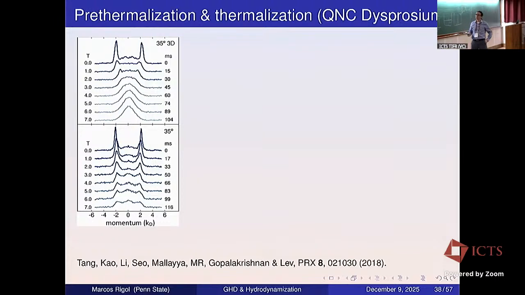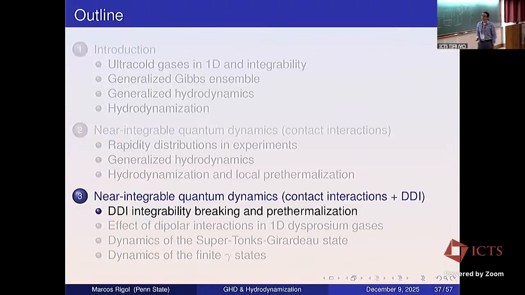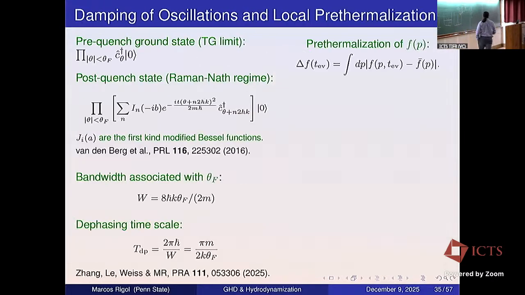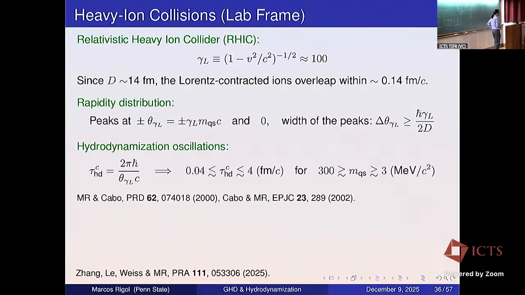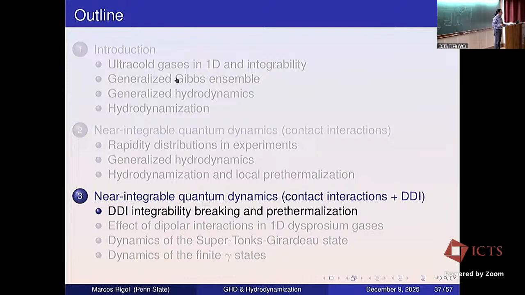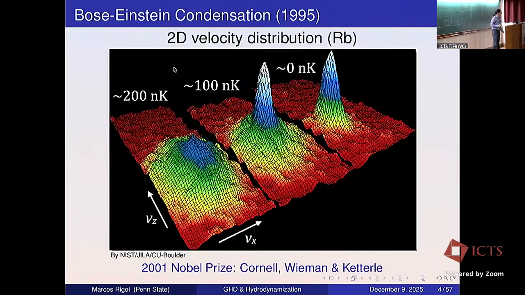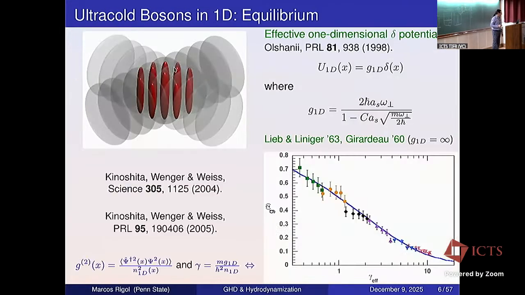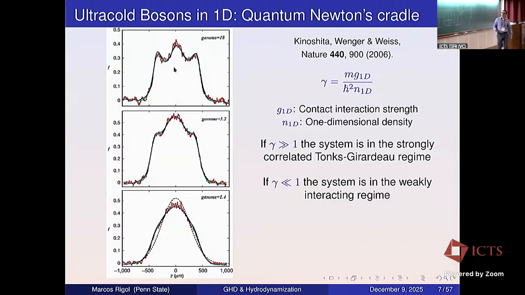So this Kinoshita paper is the paper I showed you before with Dave Weiss at the very beginning. I can just very quickly go there so that you see. This is the paper that you have in mind. But this is after it equilibrates. What you are thinking about is the very short time dynamics.